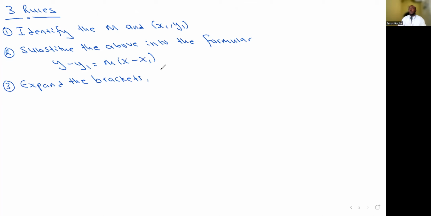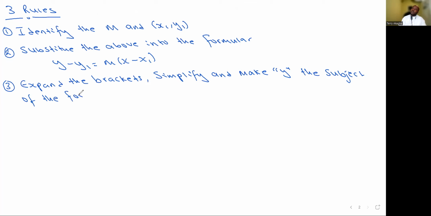You simplify and make y the subject of the formula. So that means you now rearrange to the slope-intercept form, which is y is equal to mx plus c.